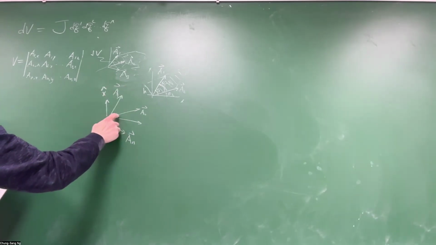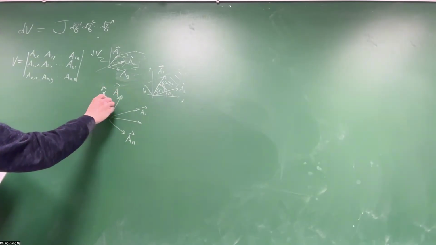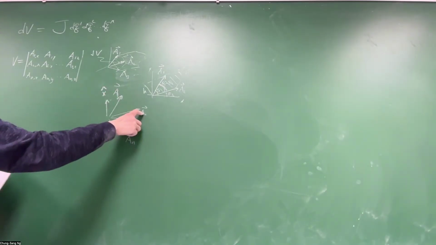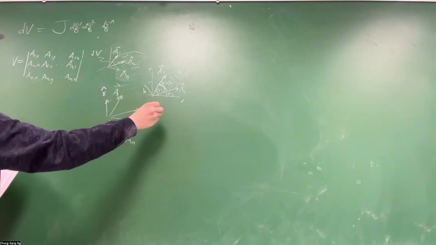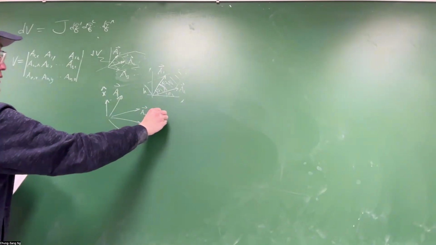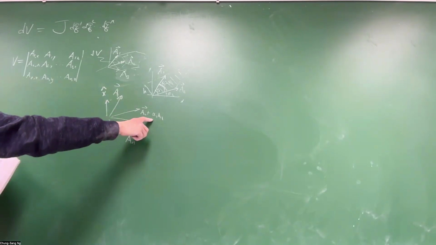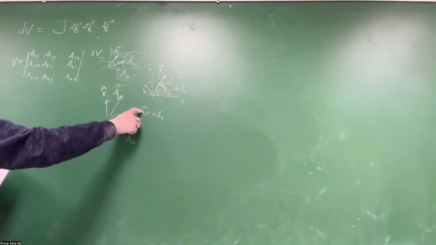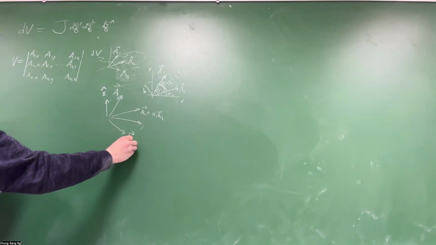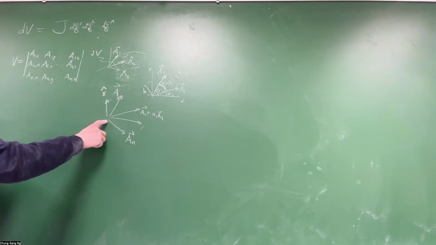You use this A1 with a non-zero x component, and you add and subtract to all these other vectors, such that A2 plus, say, alpha 2 A1 cancels the x component of this vector, so that after you do this addition, all the other vectors are perpendicular to x. So they have no x component.